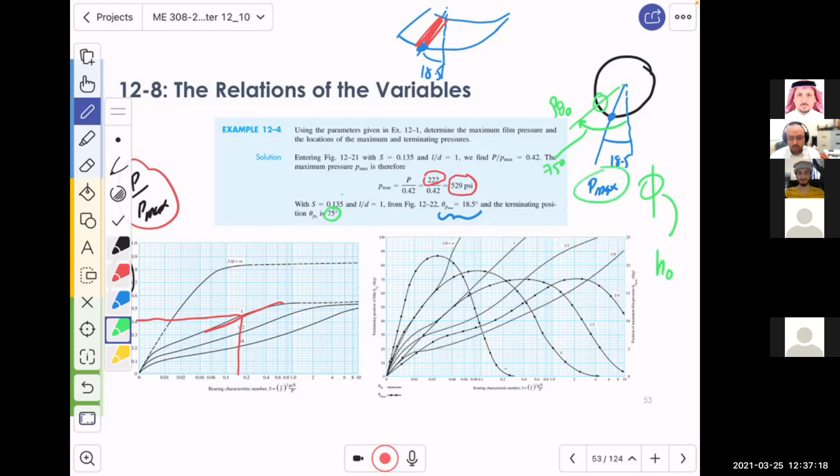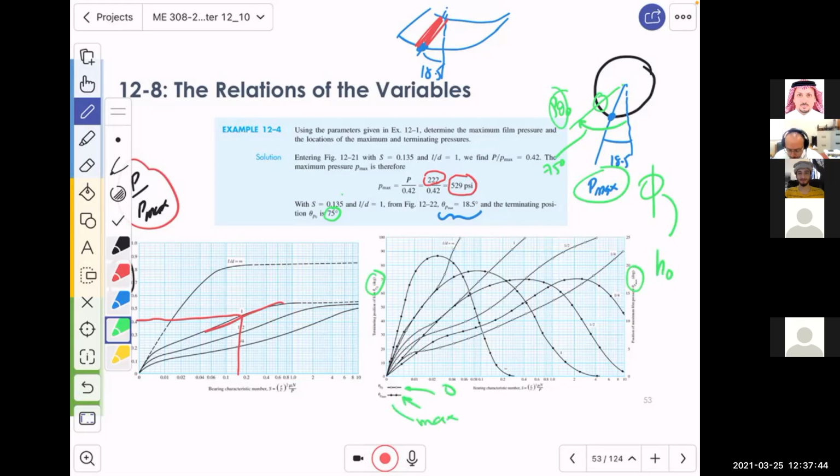There is also the location of maximum pressure, and there is also the location of the rupture. So three important locations. And just to remind you, this is the maximum, this is theta P0, and there are two curves, one for each. The one with solid marker is for the maximum, and the one with open marker for 0.